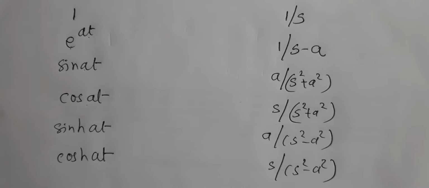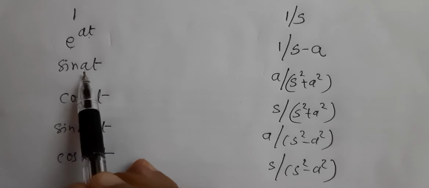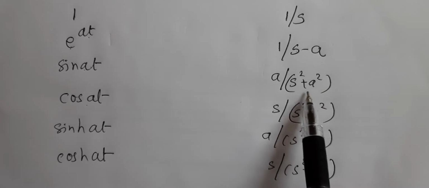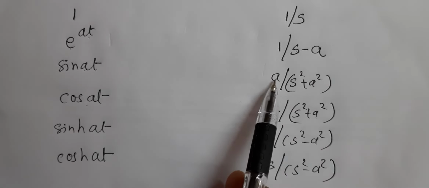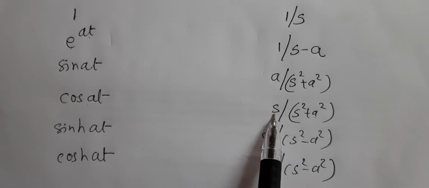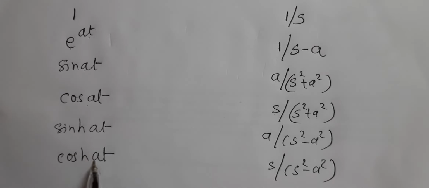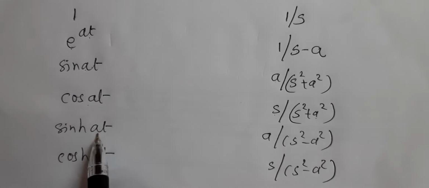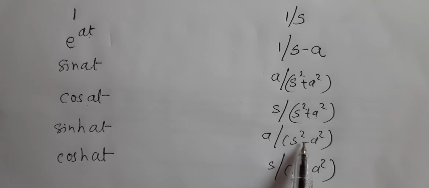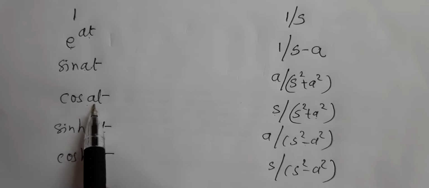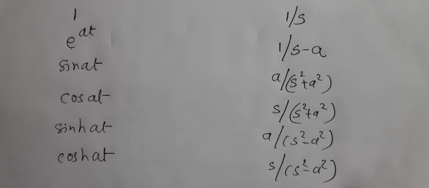Understand a pattern, you can remember very well. Sine and cos are almost similar. Denominator is same, and in the numerator, for sine it is a, for cos it is s. Same way for hyperbolic. Sine and sine hyperbolic, the only difference is of sign: there is s² + a², here it is a minus. Same thing for cos and cos hyperbolic.